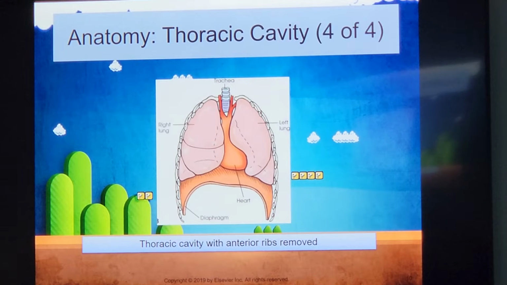So this is another look at the thoracic cavity without the ribs. So it has both of our lungs, it has our heart and all of the structures, and as you can see the diaphragm. What happens to the diaphragm when you take a breath in? It goes down. Exactly. The cavity expands.